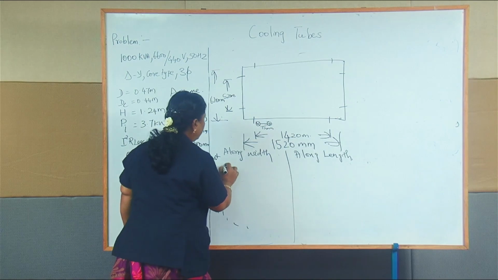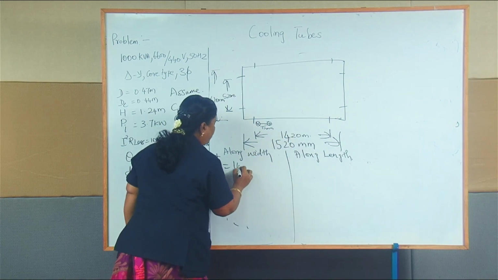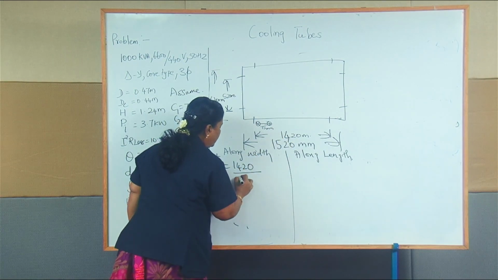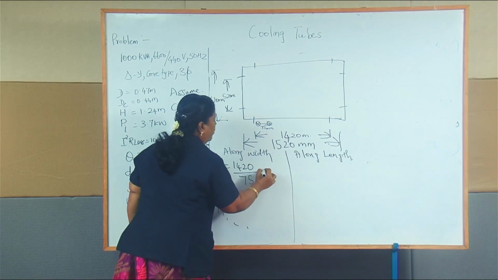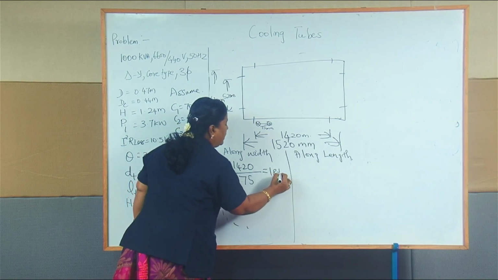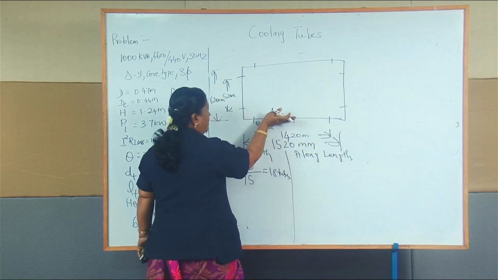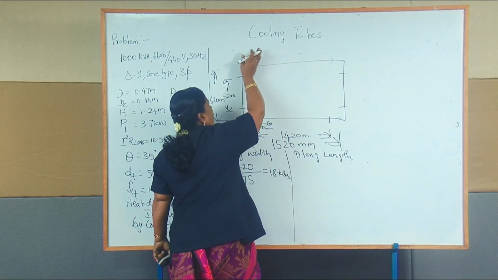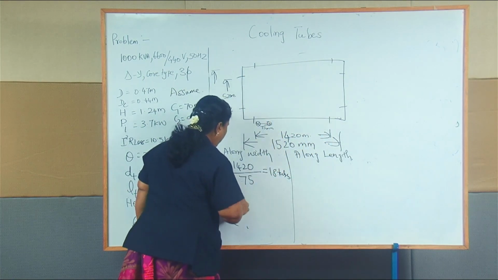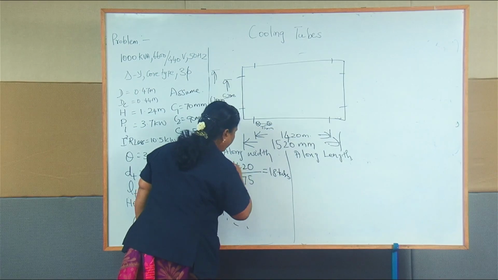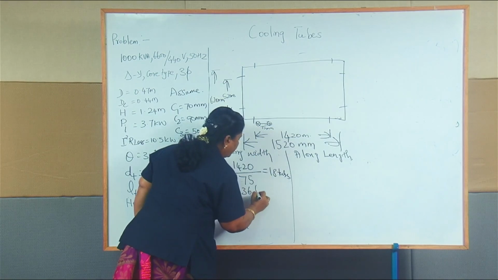So, in that case, the net length 1420 divided by the clearance, it will come around 18 tubes along this side. Similarly, on the other side we have to keep 18 tubes, no? So, in total the first row along the width will have 36 tubes.